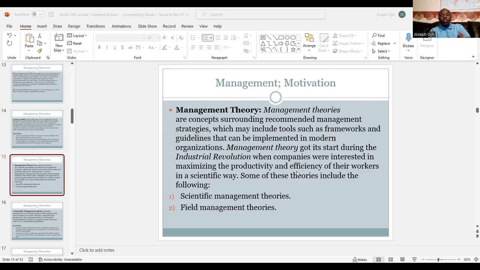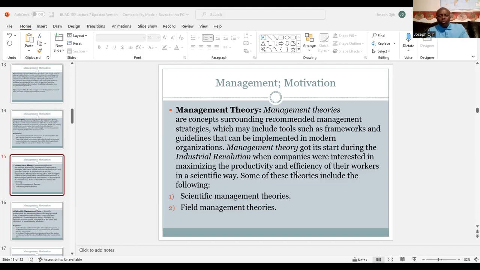They wanted to do this in a scientific way because science became popular after the Renaissance era. People had discovered that science makes things work, and they wanted to apply that to management and business so that they can maximize productivity and efficiency of their workers.